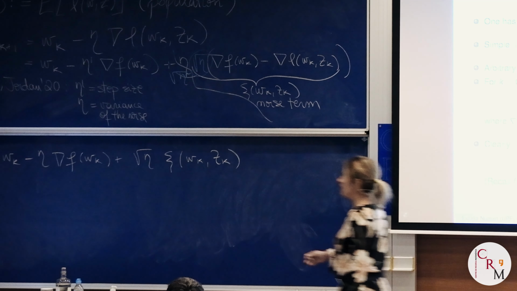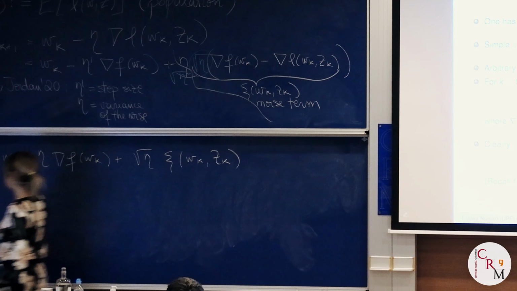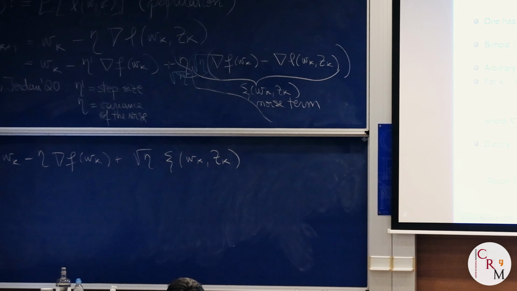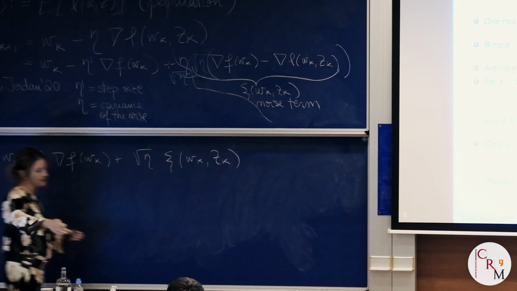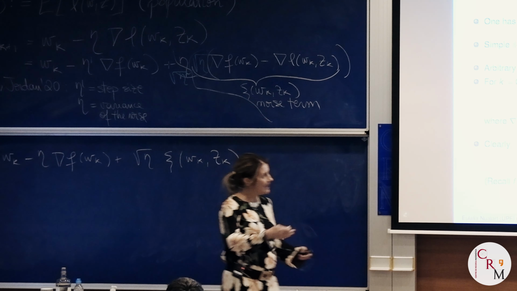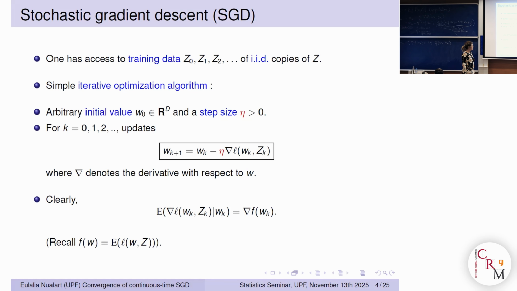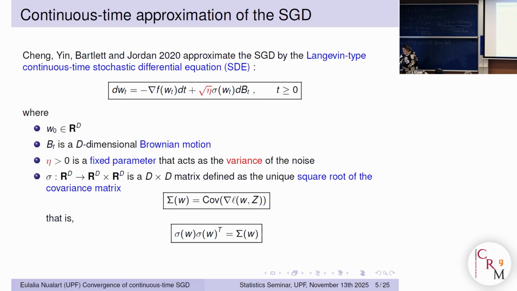Because if you let eta go to 0, okay, using eta as a step size, you get this continuous time process. Okay, now this square root of eta is this other square root of eta that remains there.